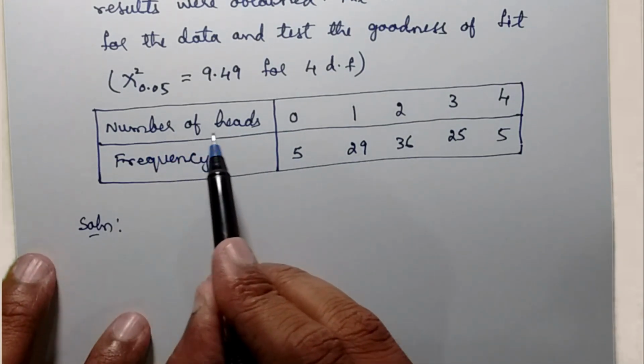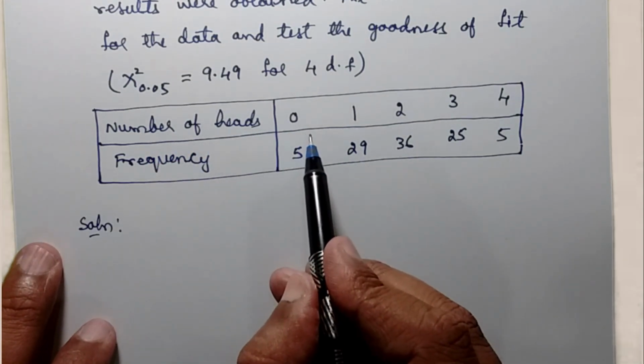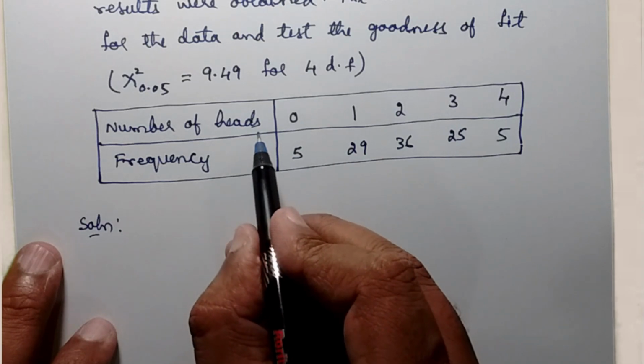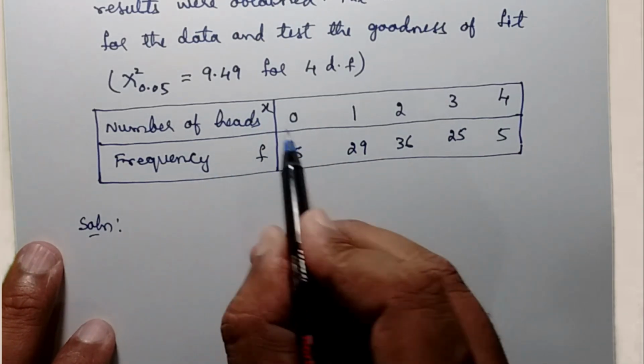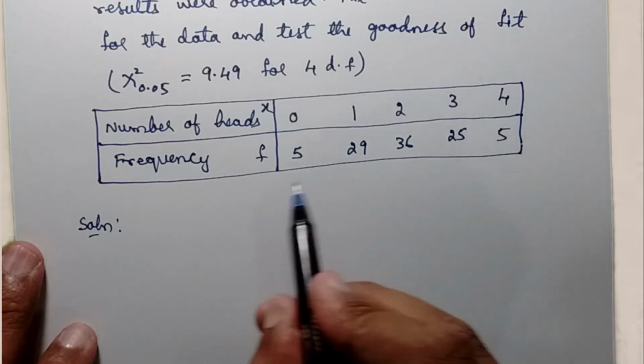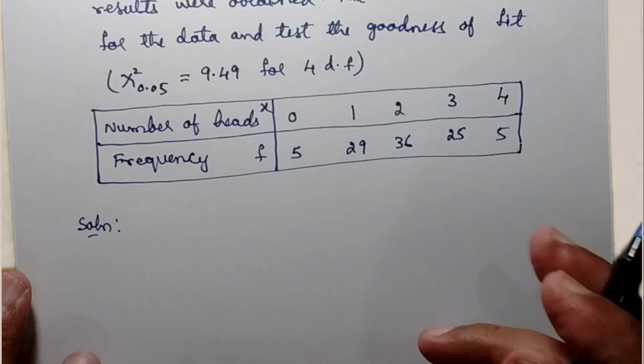Using these values of number of heads and frequencies, I'll take the number of heads as the x value and the frequency as f. These are the values of x and these are the values of f.